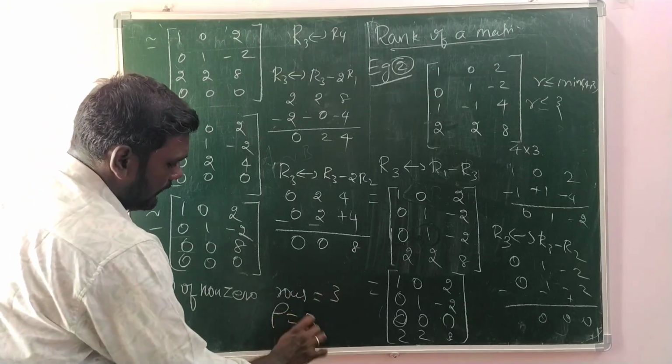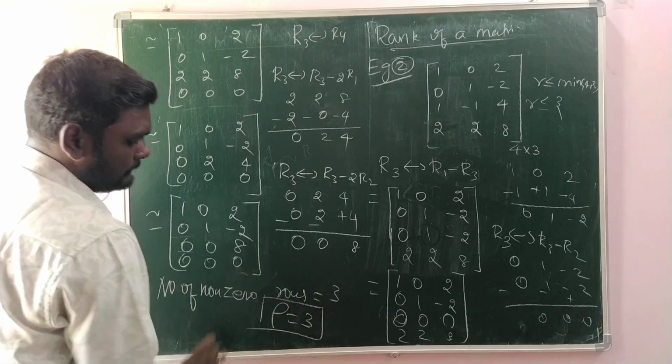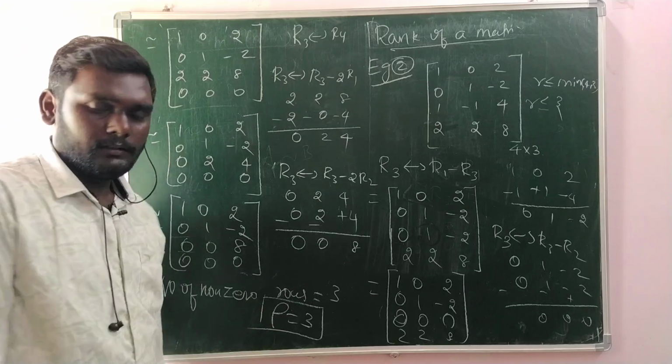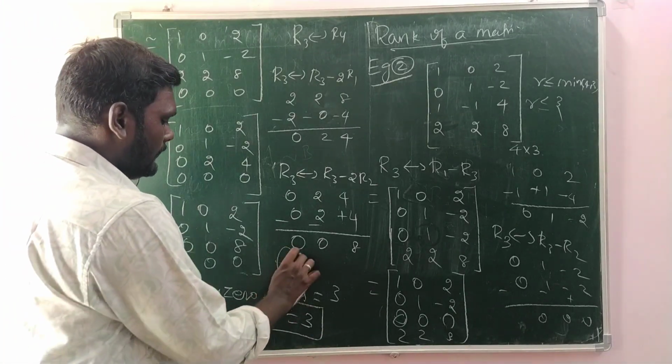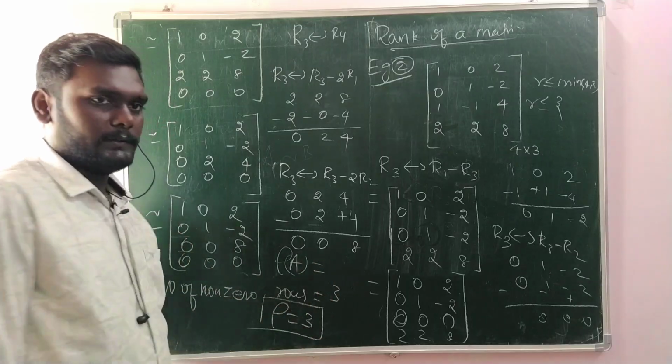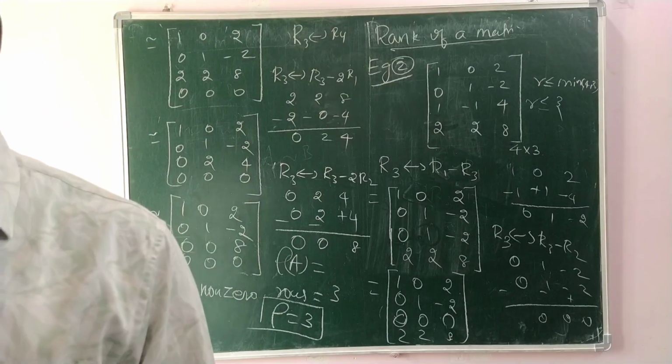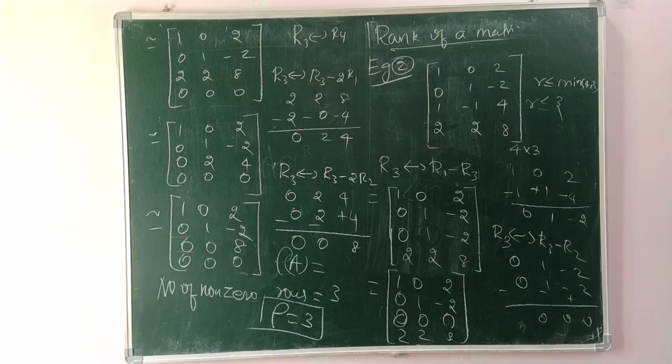We say the rank is 3. It is denoted by rho, one symbol. That is what the rank of a matrix is. This rho of A means the rank of the matrix.